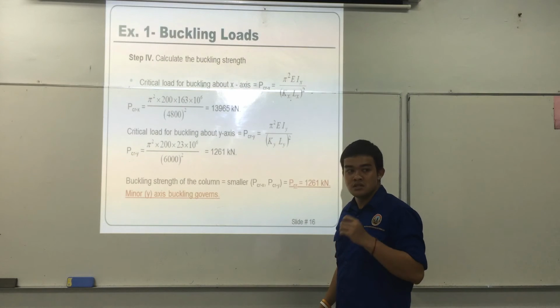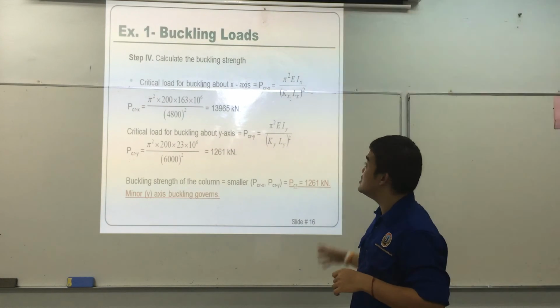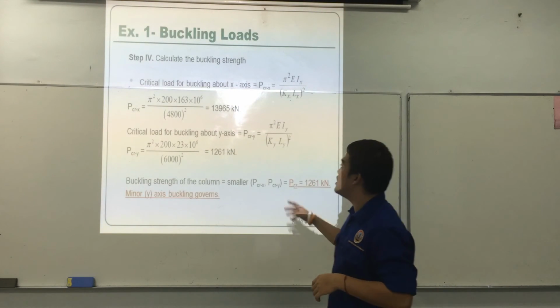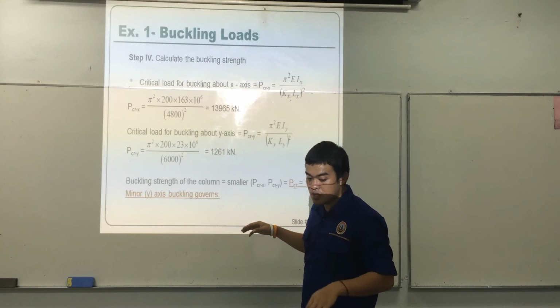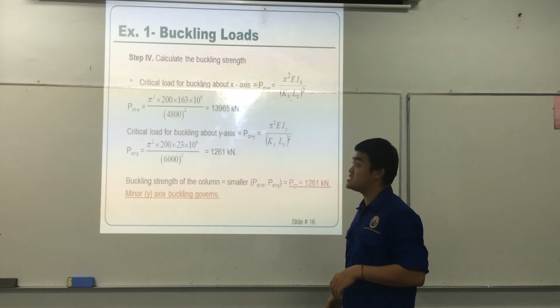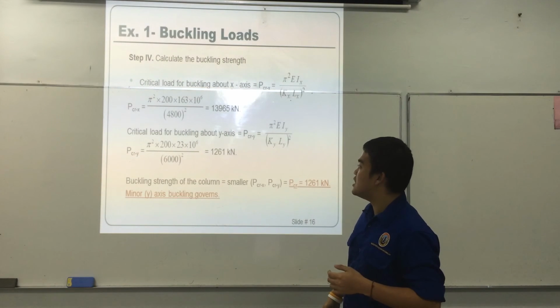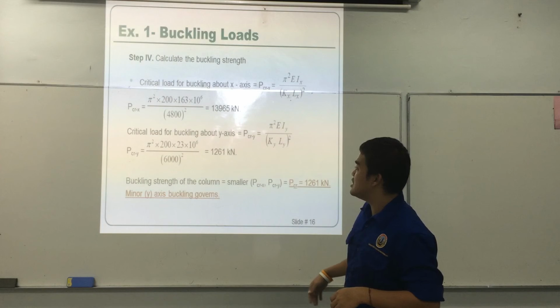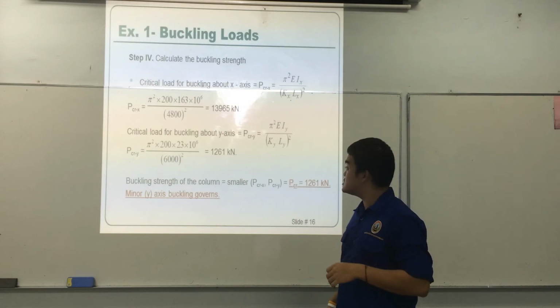Now we substitute the values into the formula, and we get the critical load in the x-axis in kilonewtons. Do the same thing for the critical load in the y-axis.